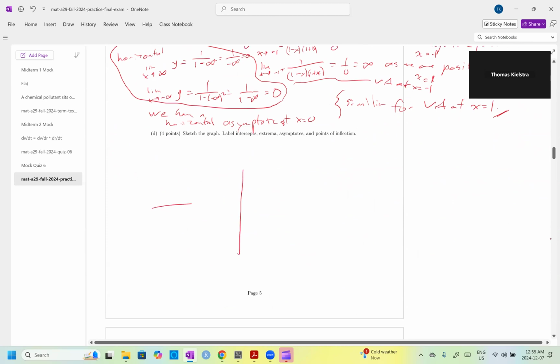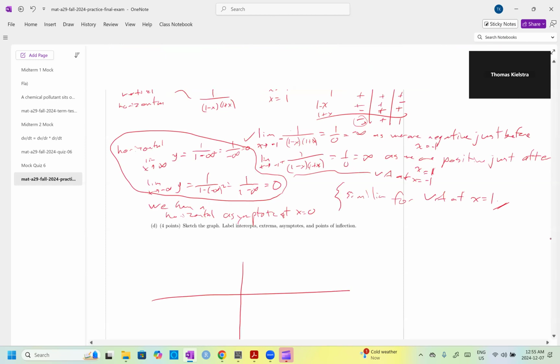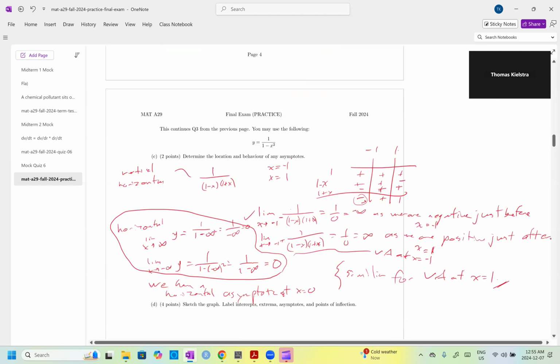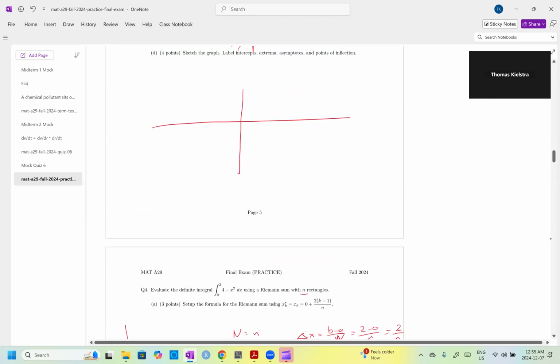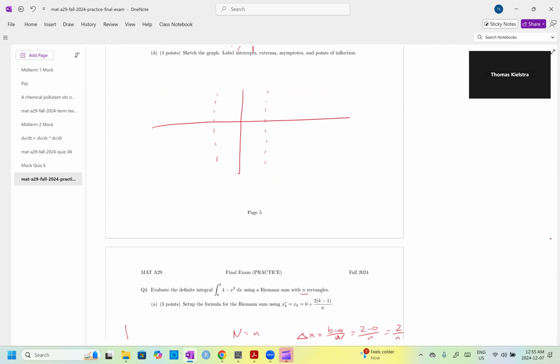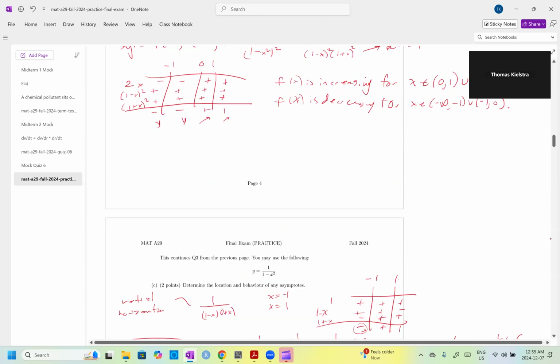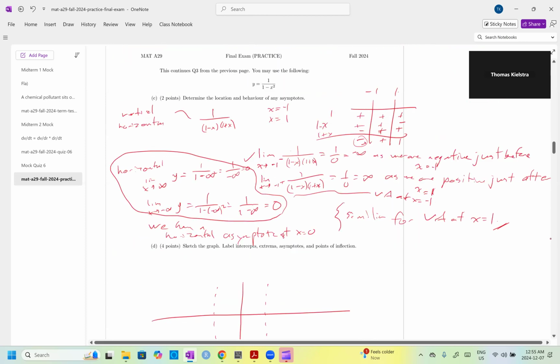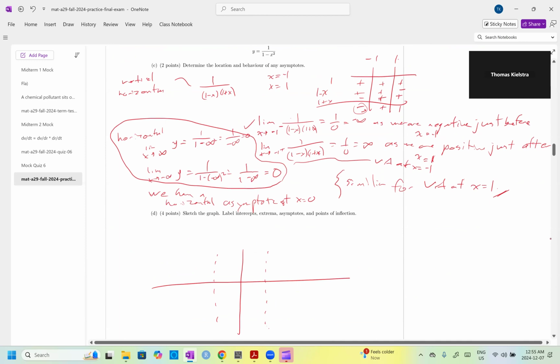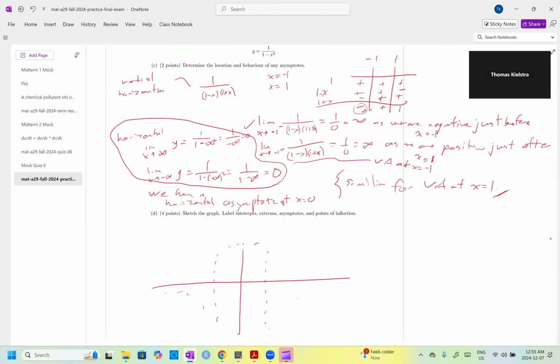So first thing that I'm going to do is plug in where I have my asymptotes. I have an asymptote at minus 1. I have an asymptote at 1. Then I have where I am positive and negative. I am positive for x in the middle here, negative here, negative here. And then I have a horizontal asymptote here and here.